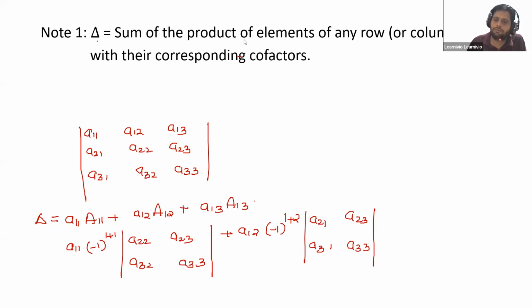Next plus A13, and this is -1 to the power 1 plus 3. Next one, A21, A22, A31, A32.